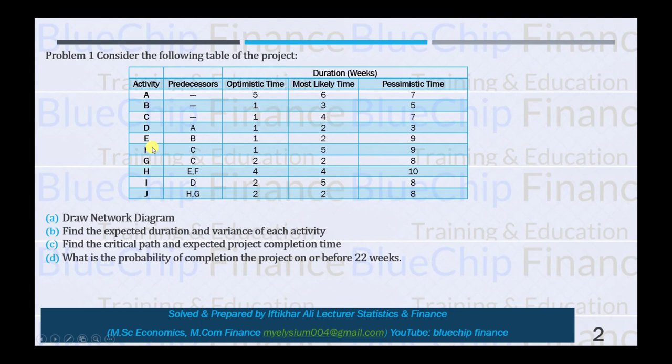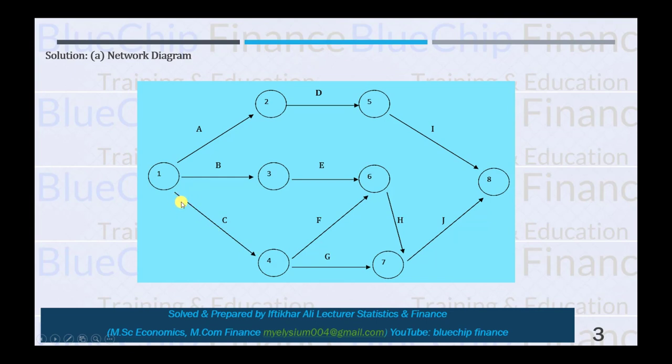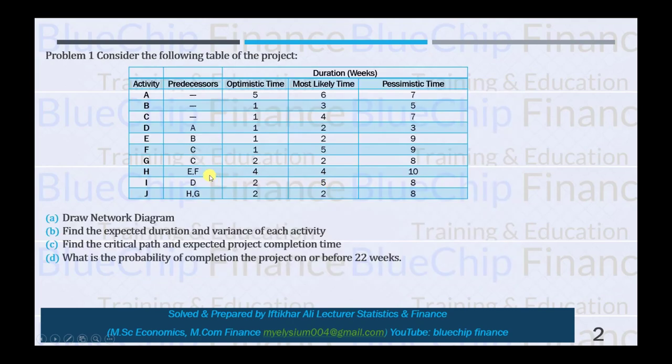After that, activity F starts from where activity C ends, and activity G also starts from where activity C ends. So at the ending point of activity C, two activities start, one is F and one is G. And why do we join activity F here?